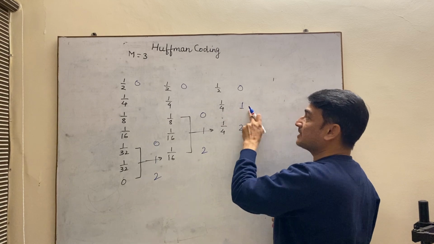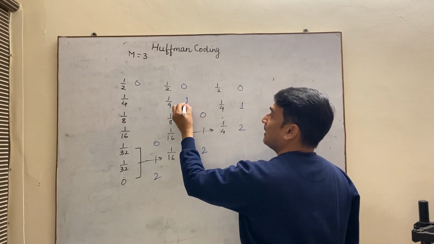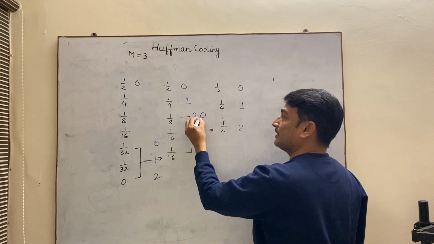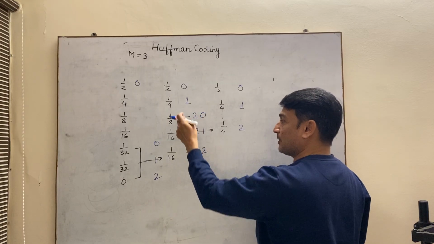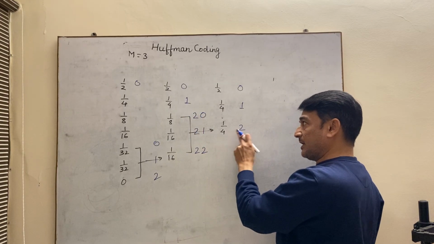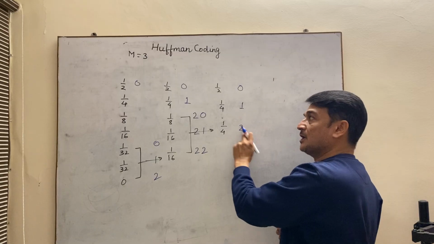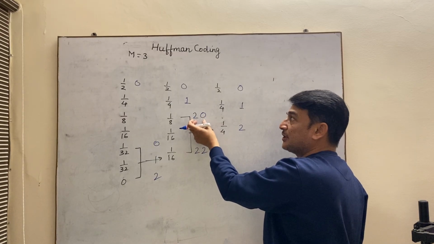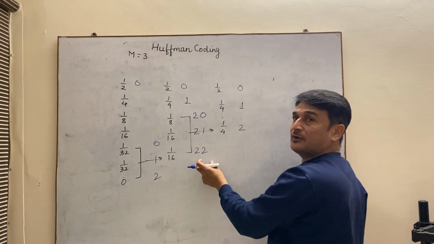This 1/4 is having code 1, and these 3 values will be having new codes 20, 21 and 22, because the sum of these 3 values is 1/4 and the code for 1/4 is 2. So this 2 we will put in front of the previous codes. So the new codes are 20, 21 and 22.